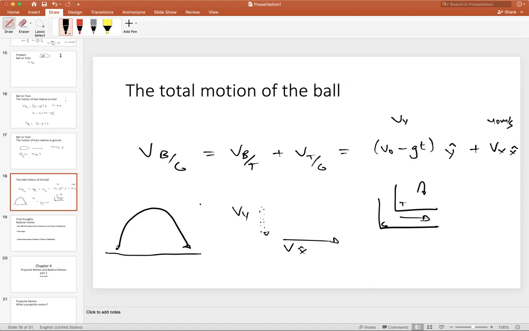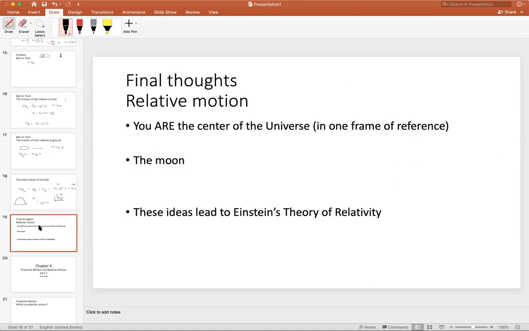And you might think, but this has some real implications. My final thoughts on this, these real implications: you could mathematically decide that you are the center of the universe and you are at rest, and everything else around you is moving relative to you being at rest.